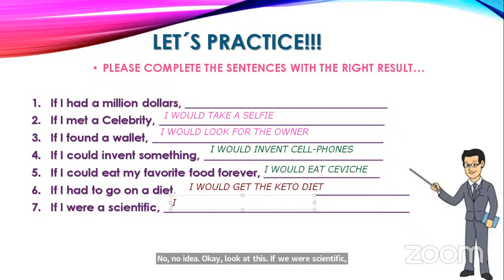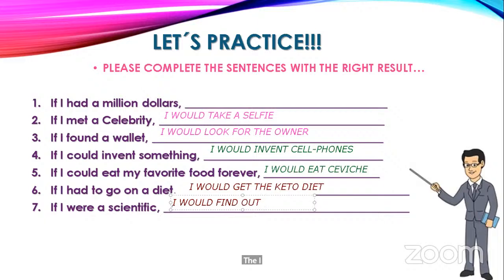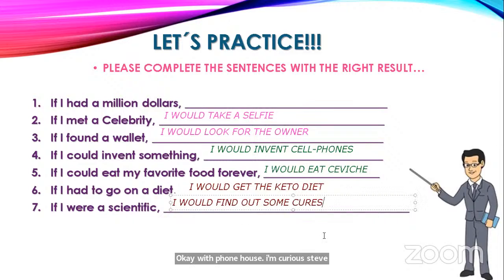Pues I would find out, like you discover, remember discover, I would find out some cures, okay? Si yo fuera, chicos, un científico, yo descubriría algunas curas for some illnesses, okay? You can say like that. If I were a scientist, I would find out some cures for illnesses, okay?